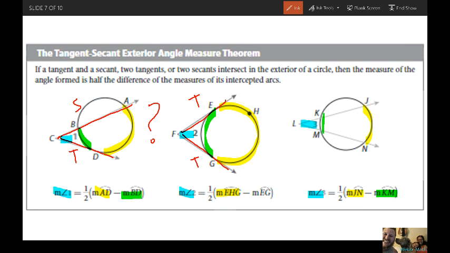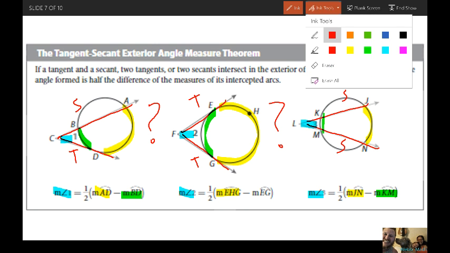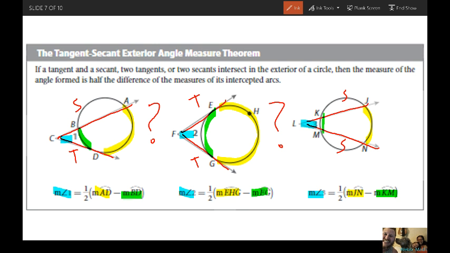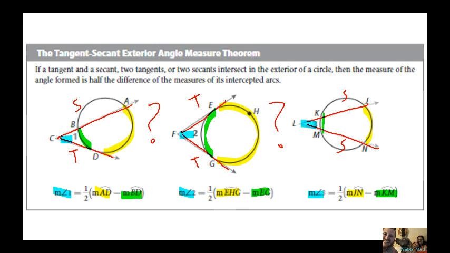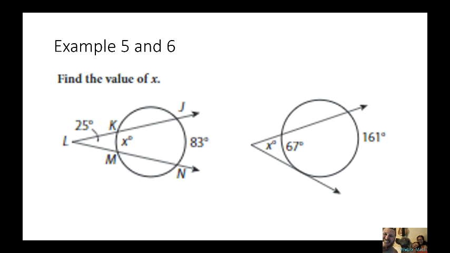So now you have two secants cutting through, but it didn't really matter, did it, with the setup for the formulas. So again, reflect with your buddy, reflect with me, and notice how you're going through the same process with all these different scenarios. Okay, so let's look at some examples.